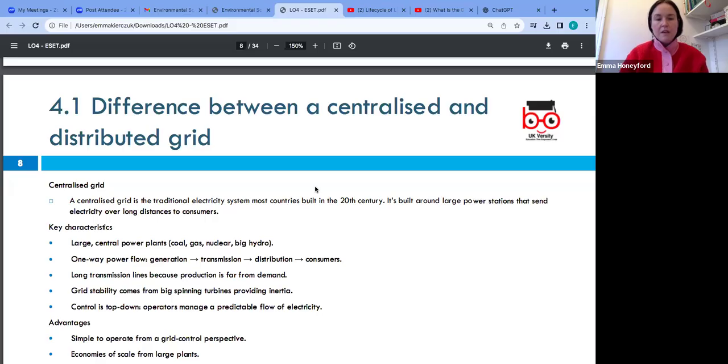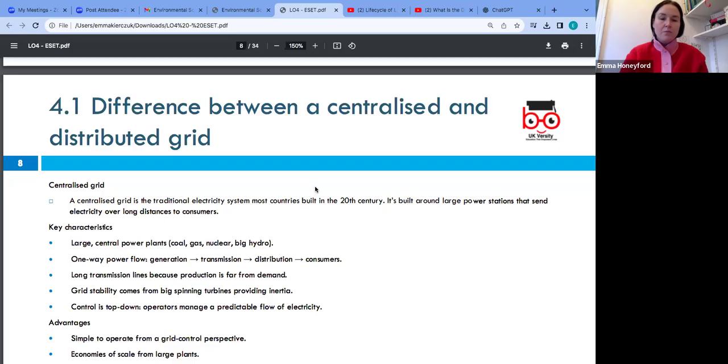The key characteristics of a centralized grid are a large central power plant, whether it be coal, gas, nuclear, or big hydro. It has a one-way power flow: generation, transmission, distribution, and then to the consumers. That is the flow of energy generation. There is still energy used to transport that along the line to consumers or domestic housing.